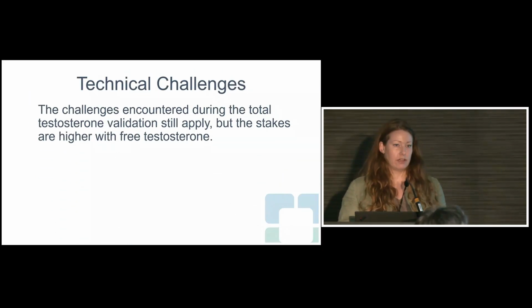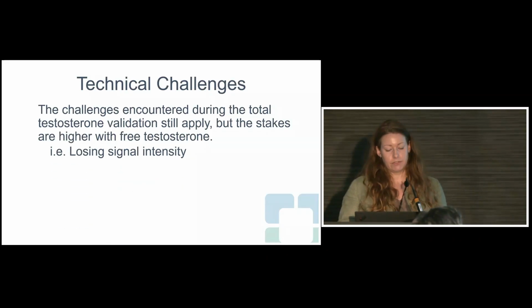So technical challenges, everything that you would expect to encounter for total, you're going to encounter for free, except the stakes are higher because the signal is lower. Losing signal intensity is a big thing that we battle a lot. It's one thing to get the signal that you need, but then maintaining that signal is a whole different ballgame.